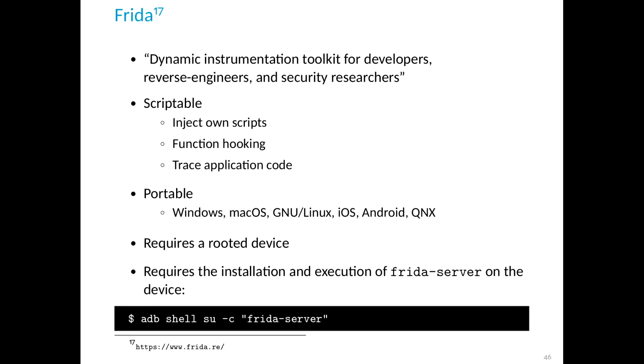Frida is a dynamic instrumentation toolkit for developers, reverse engineers, and security researchers. It's scriptable, so you can inject your own scripts. You can do function hooking, and you can trace application code. It's portable, and different operating systems are supported.